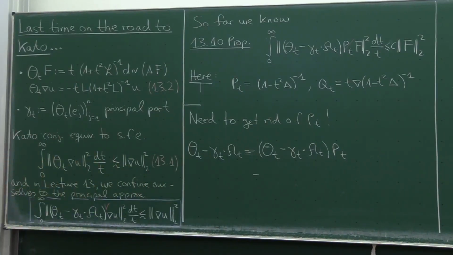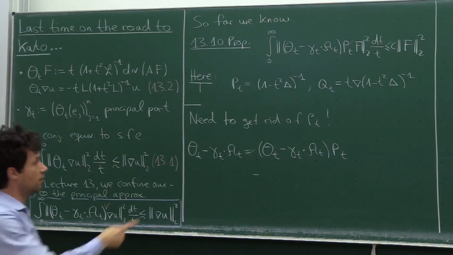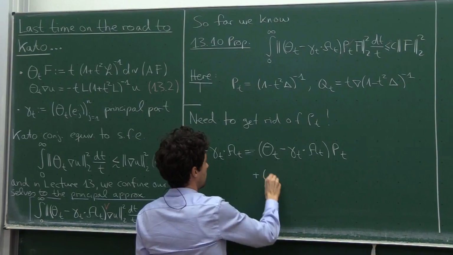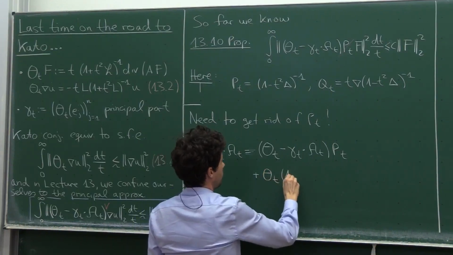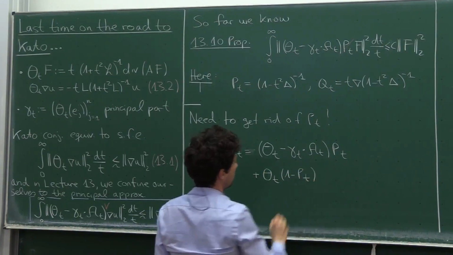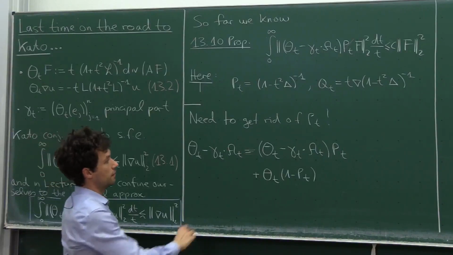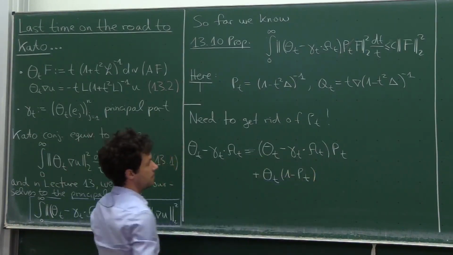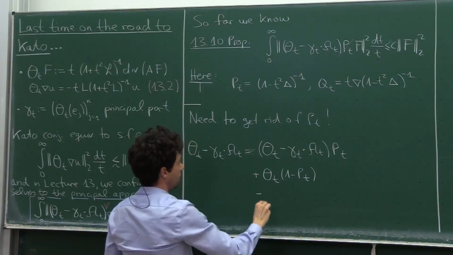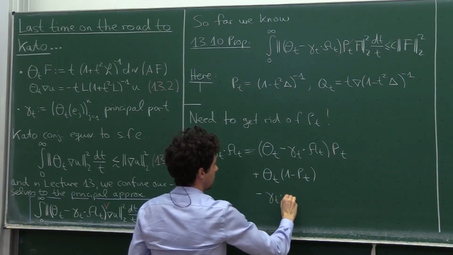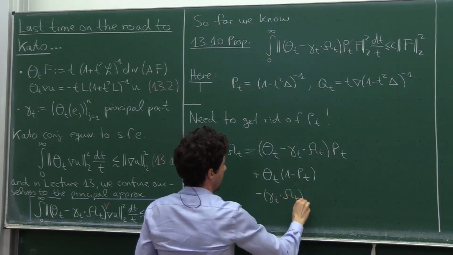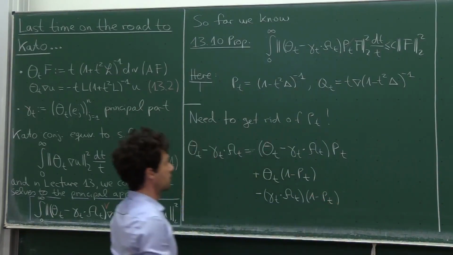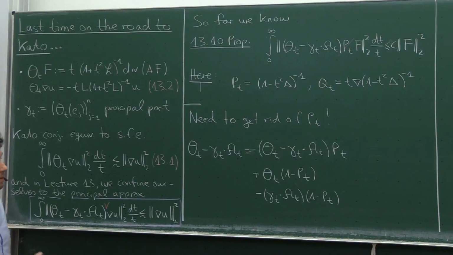But I'm going to create error terms and I'm going to handle them today. On the level of theta, I need to handle theta times 1 minus P_t. And on the level of theta it's fine: theta_t minus P_t plus P_t. And then on the level of gamma_t times A_t, I also need to handle 1 minus P_t.